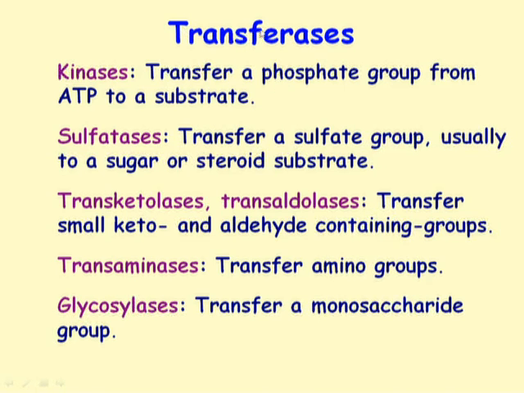Transferases are enzymes which transfer a group from substrate A to substrate B. They could transfer a phosphate group, or a sulfate group, or a keto and aldehyde group, amino group, monosaccharide group, nucleotidyl group. So DNA polymerase, for example, is a transferase.